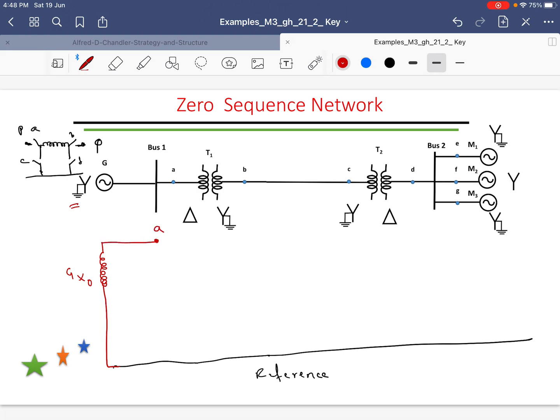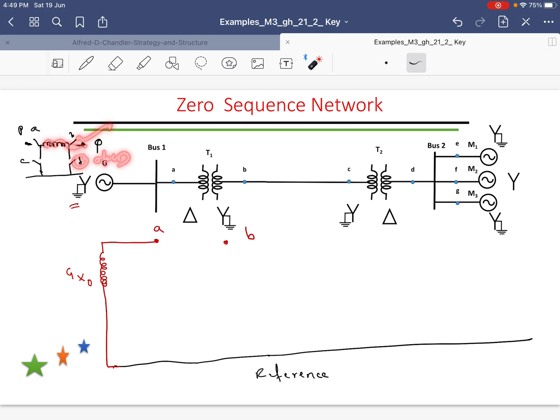Then we will go to the point A and B of the transformer. This is very, very important here. Here the primary is connected to delta, the secondary is connected to star, and the secondary is grounded. If the secondary is grounded, it means it is closed, then to the Q this reactance is connected, whereas D is open, because it is star connected.